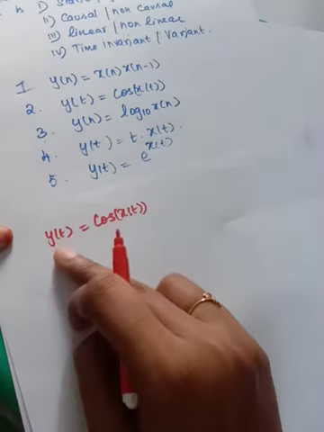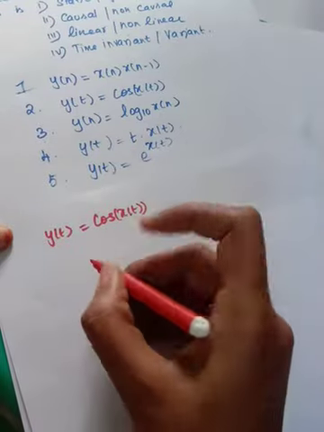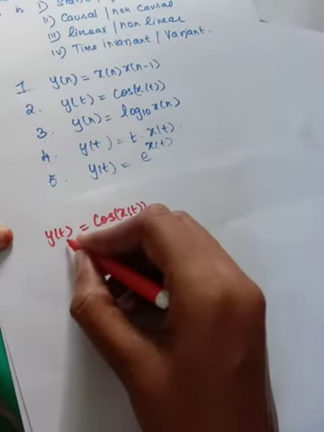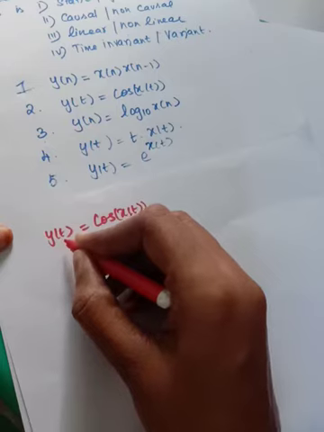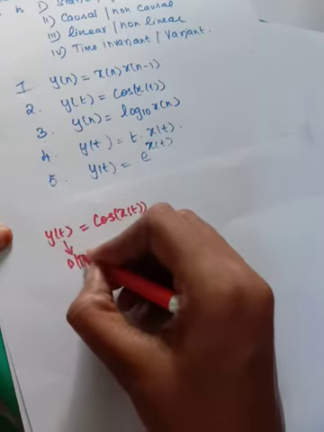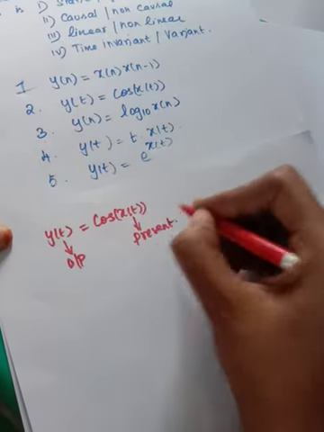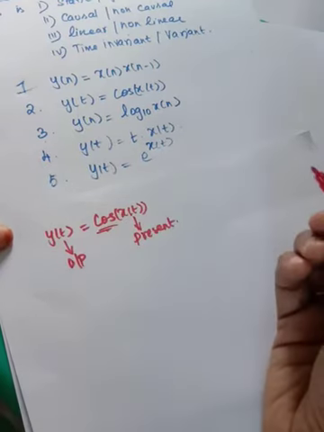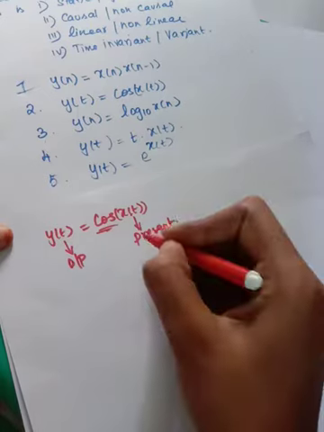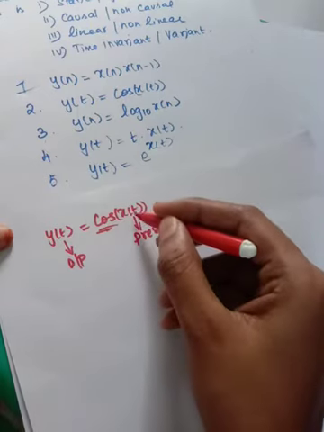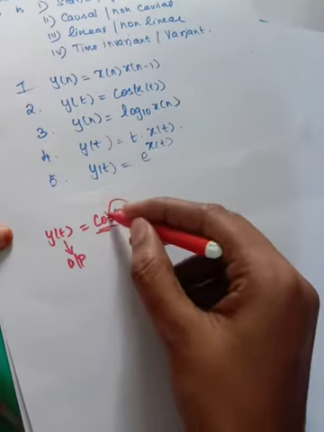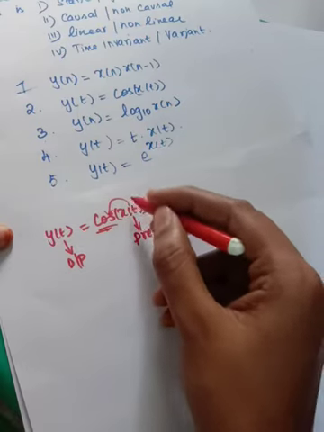So the next problem is y of t is equal to cos x of t. In this case, the present output depends only on x of t, that is the present input. Whatever the functionality the system is performing, it depends only on the present input; it is just finding the cosine of this signal.